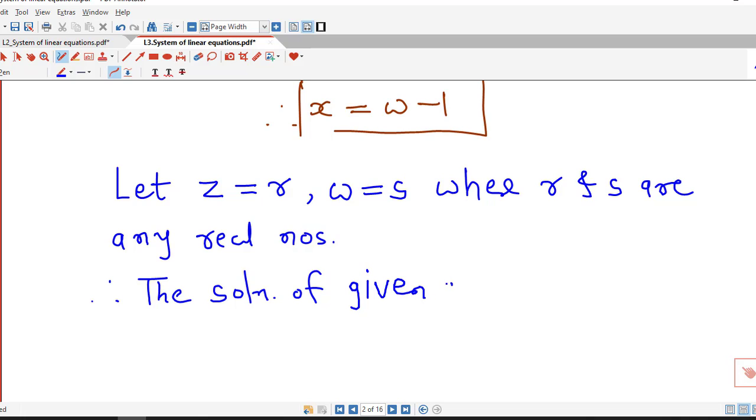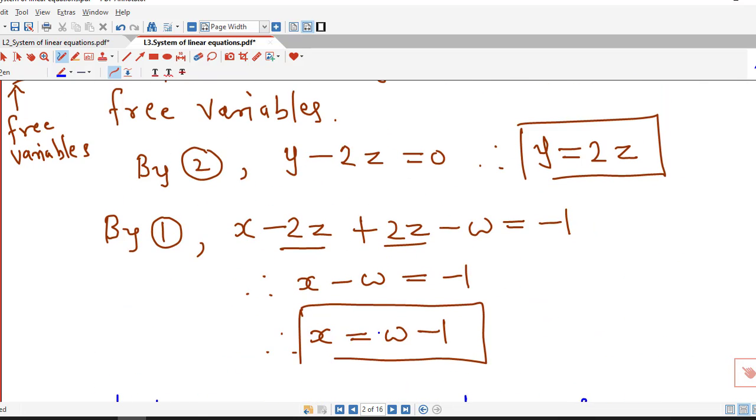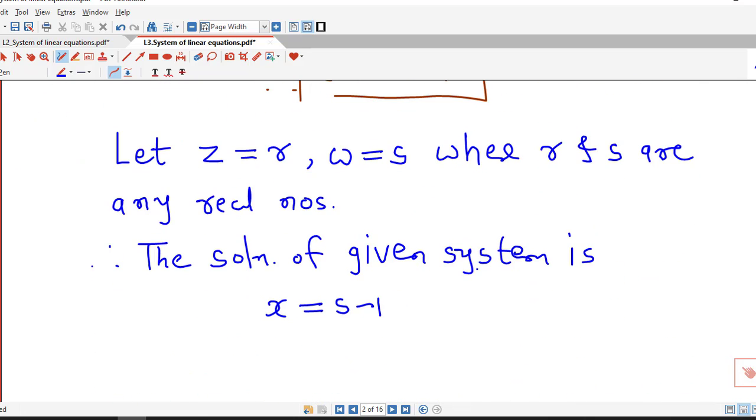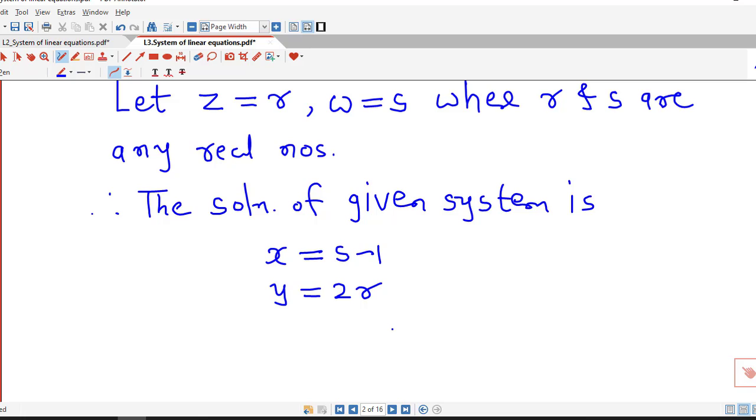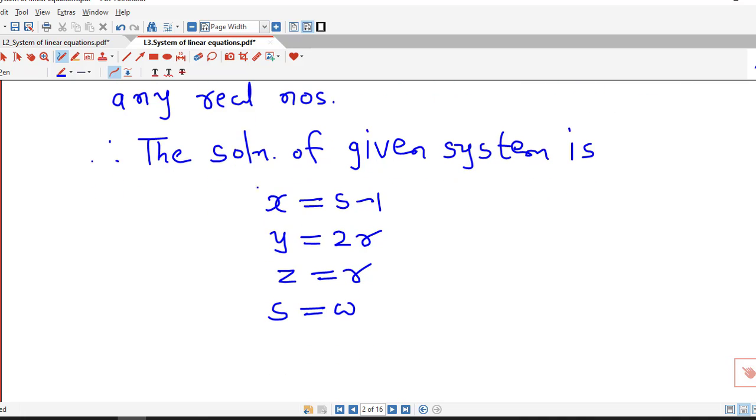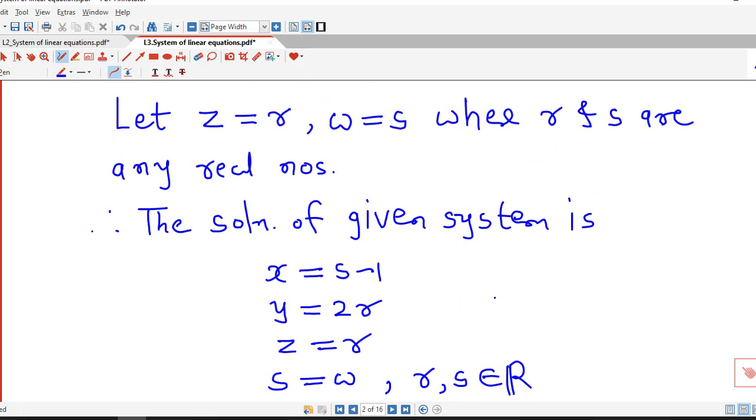The solution of the given system is x is w minus 1, w is s, y is 2z, that means y equal to 2r, z equal to r, and s equal to w. So this is the solution of the given system. Here r and s are elements of the real number set.